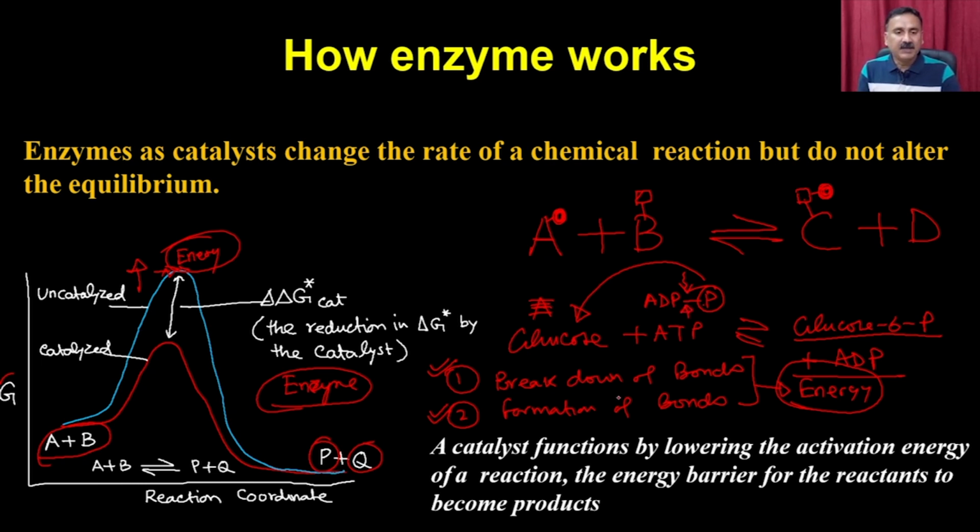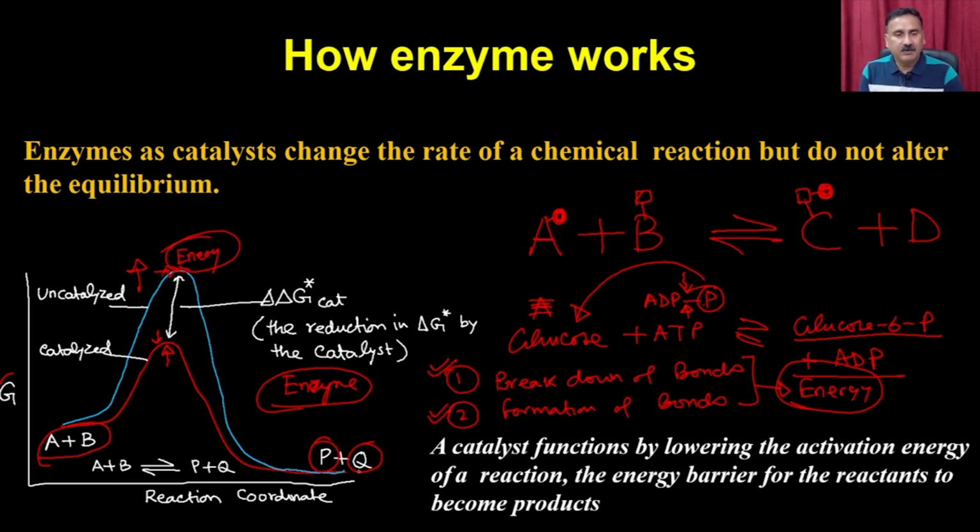Because of that, you don't need to heat the sample to such a high temperature. The same reaction can be done at a lower temperature or even at normal temperature. So the substrates can very easily cross this energy barrier, and that's how they form more and more products.